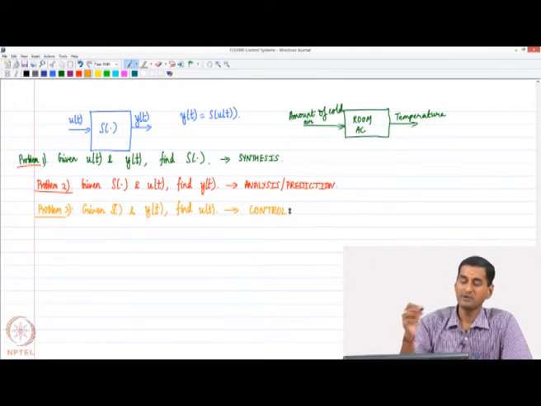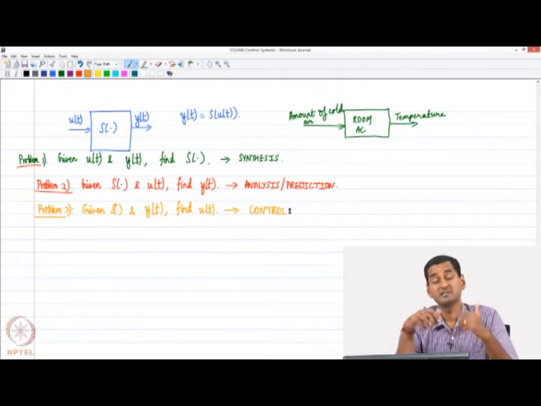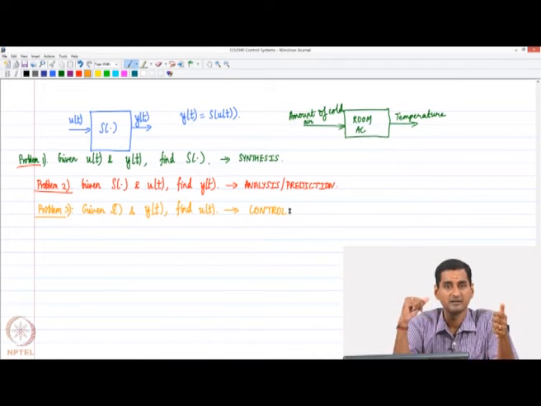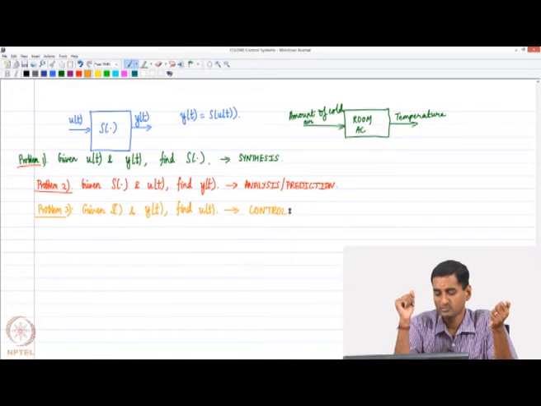Suppose I come into a room with an air conditioner and I want to regulate the temperature of air in this room. I set the temperature as 25 degrees Celsius. The question is, what is the amount of cold air I should blow which would get my temperature to 25 degrees Celsius? That is the problem of control.